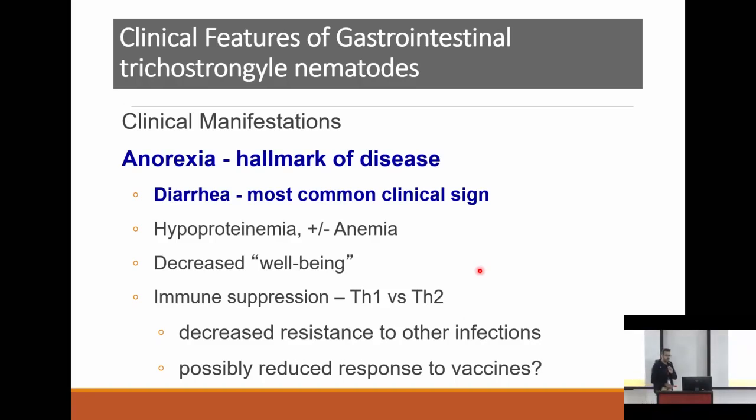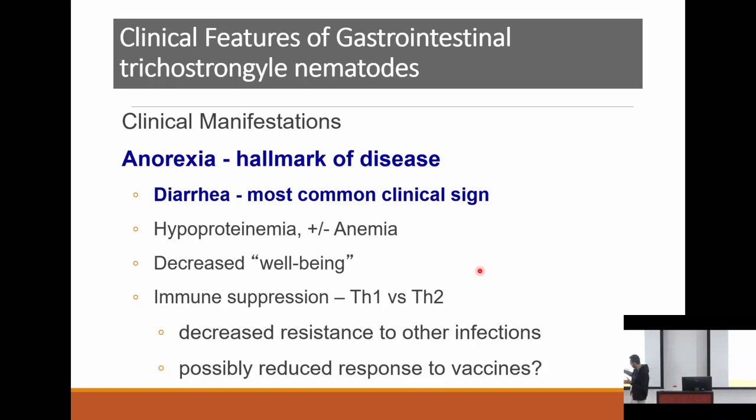So the clinical features of Trichostrongyle nematodes: anorexia is the main hallmark of this disease in ruminants. Diarrhea is very common, hypoproteinemia, anemia, and the well-being is decreased. So these clinical features are the general features of the Trichostrongyle nematodes.